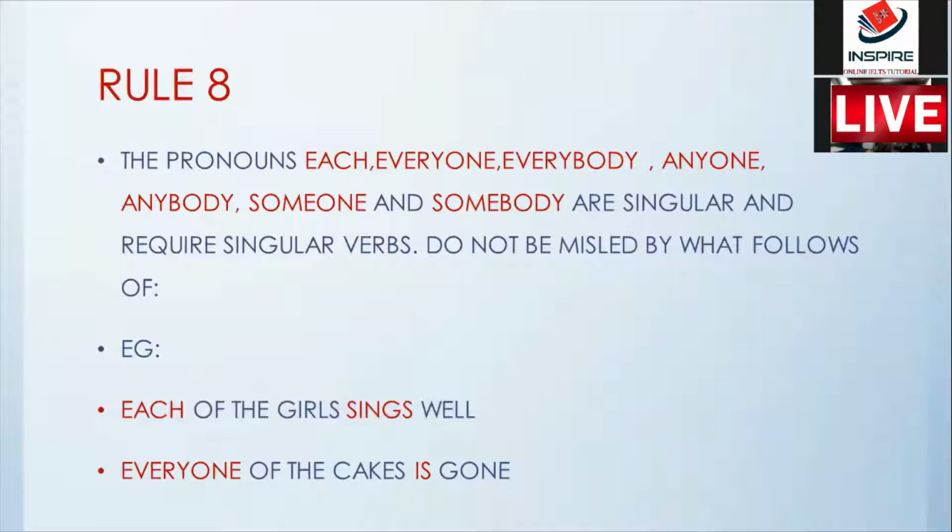Whatever sentence you write with each, everyone, everybody, anyone, anybody, someone, and somebody, you need to add a singular verb with it. Do not look at what comes after everyone or each, but you need to write the singular verb for all these ones. Okay, is it clear?